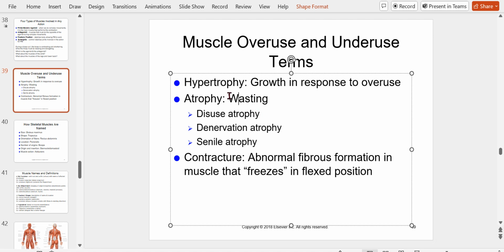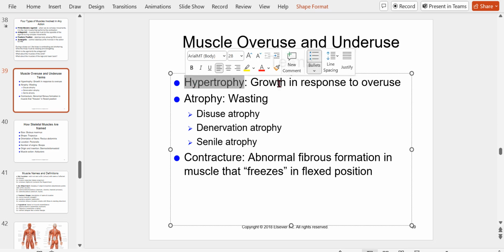So if you don't use it, the body will take it away. It's called atrophy, muscle atrophy. If you have a cast on your leg for 3 months because you broke your leg, at the end of 3 months you bust your leg out, your bone is fine, but you ain't got any muscle left because you haven't used it in 3 months. So now you have to rebuild that muscle again.